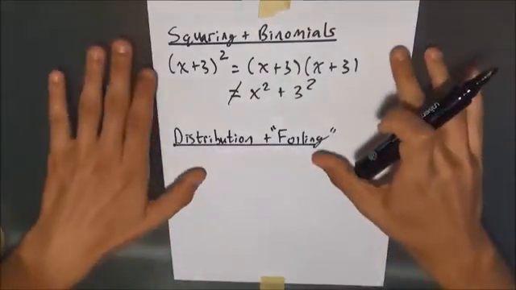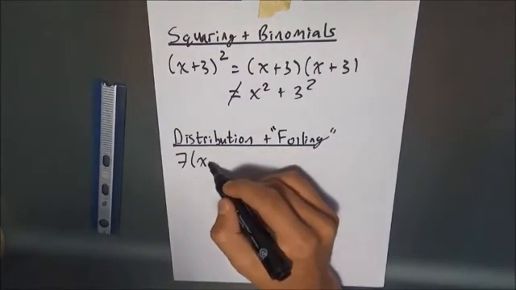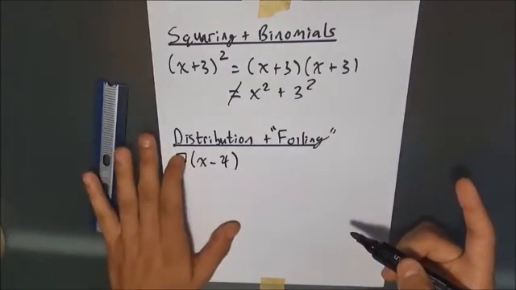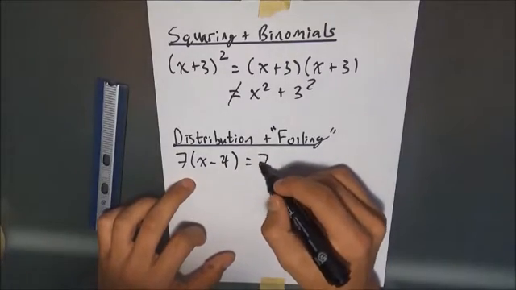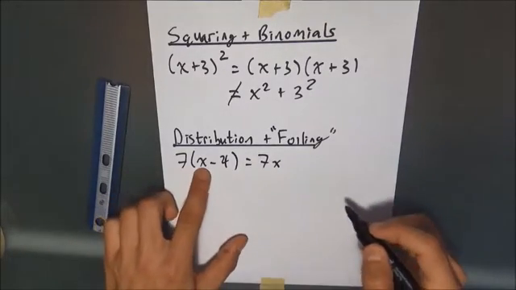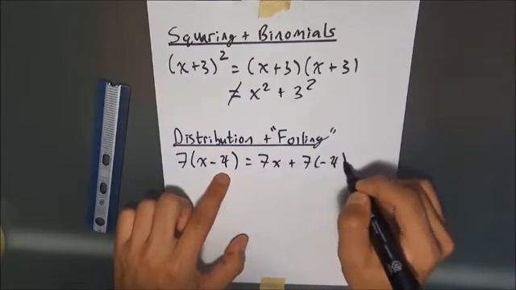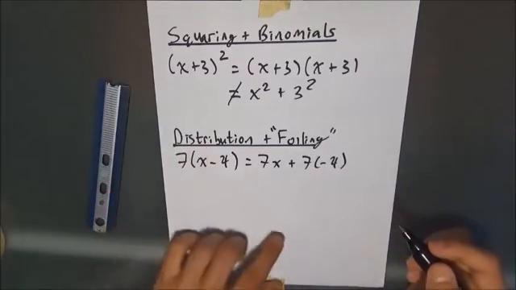I want to talk to you guys a little bit about distribution. Distribution is just this familiar property of being able to take something outside parentheses that's being multiplied by them and apply it to each inner term. So what that means is the 7 gets multiplied by the x, and it also gets multiplied by the negative 4. These two statements are equivalent because of the property of distribution.